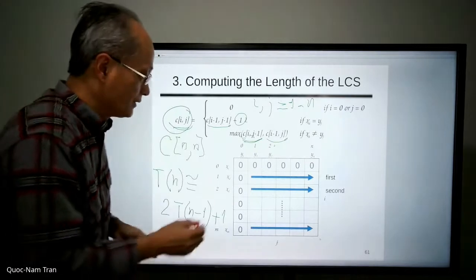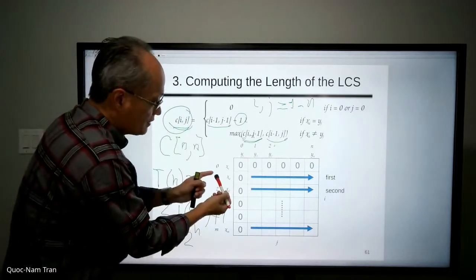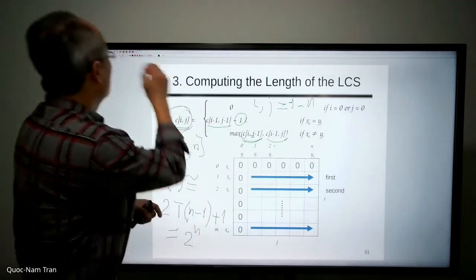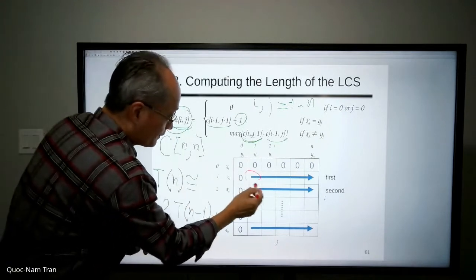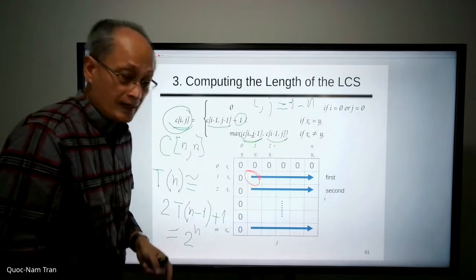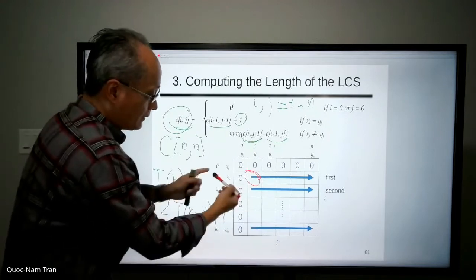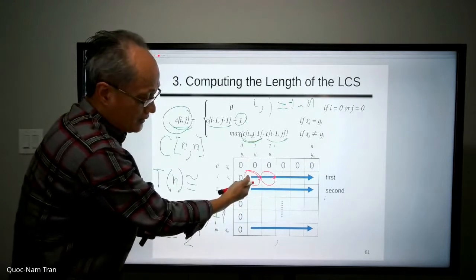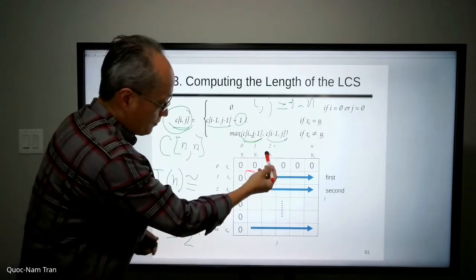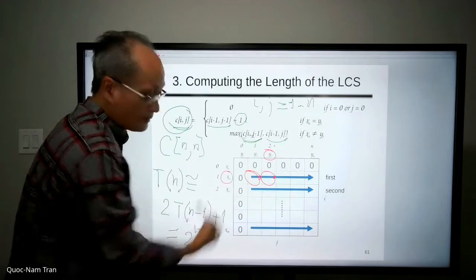For example, we will store C11 first. Okay? And then, in order to calculate C12, we don't have to recalculate this value, but we just have to compare the values here.